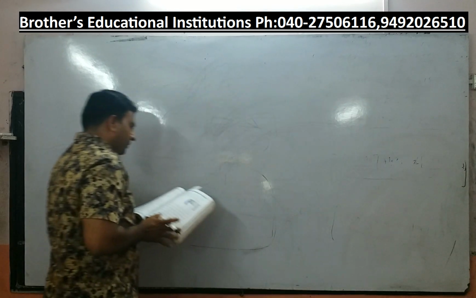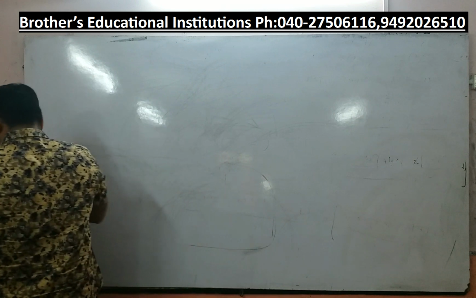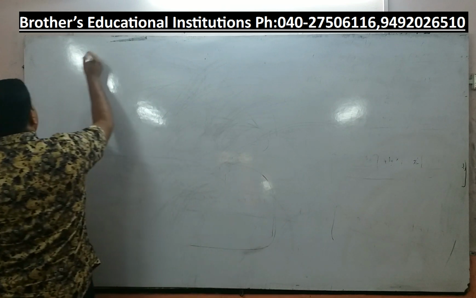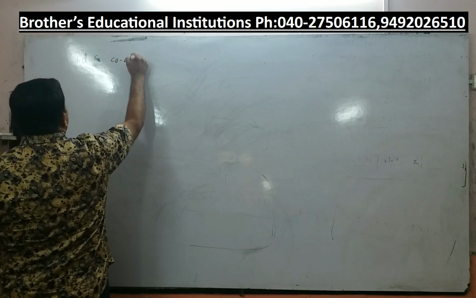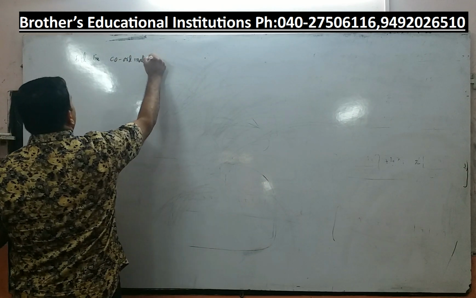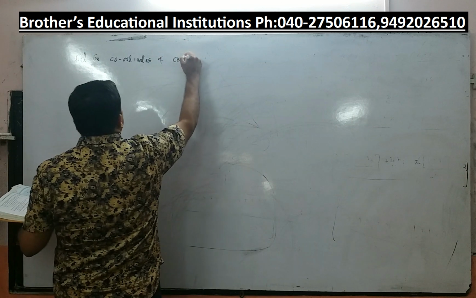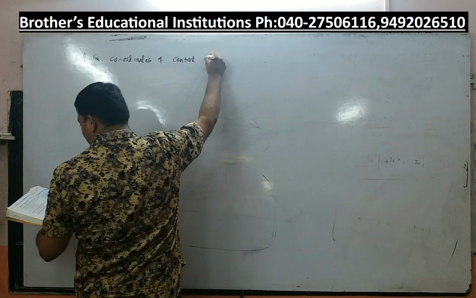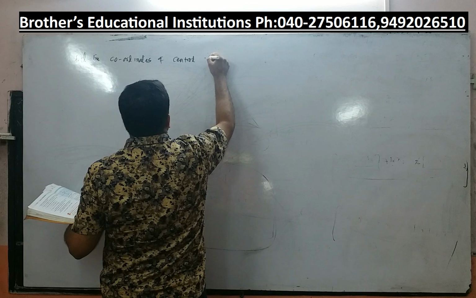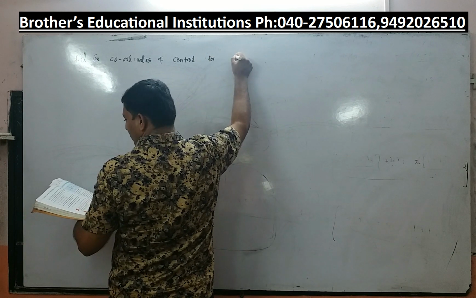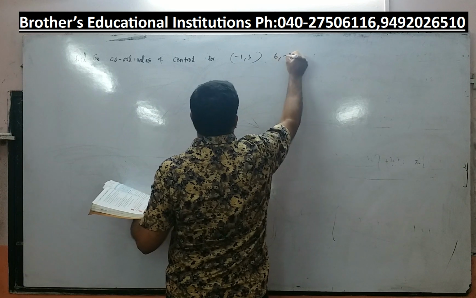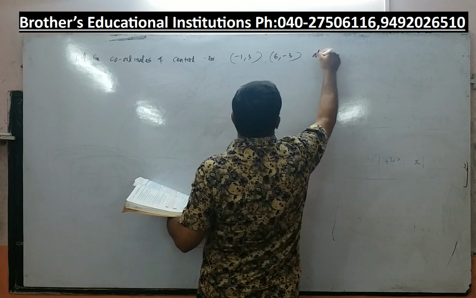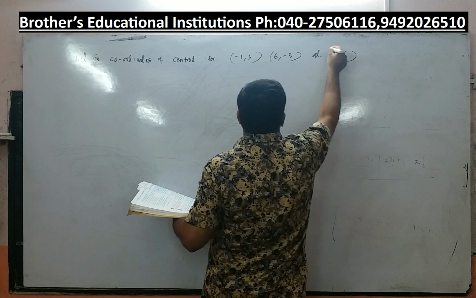Find the coordinates of centroid for (-1, 3), (6, -3) and (-3, 6).